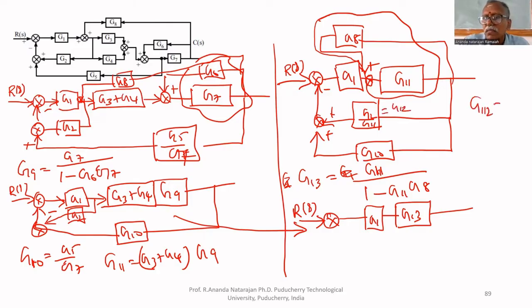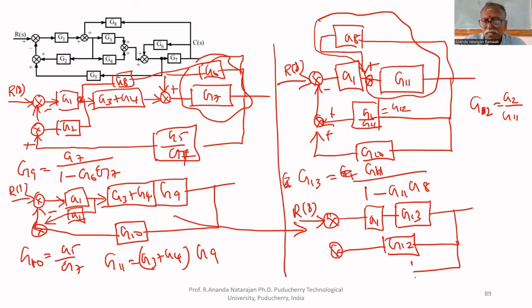G12 equal to G2 by G11. So now we'll get G12, one feedback. Another feedback is G10. This is negative feedback.